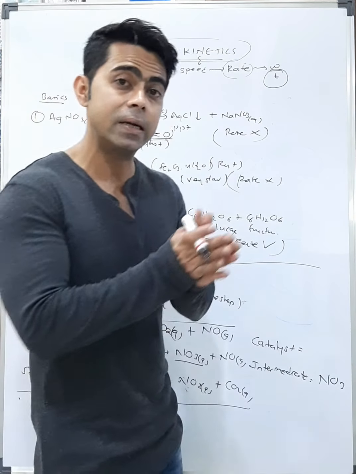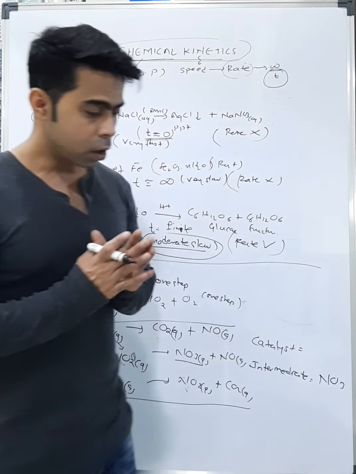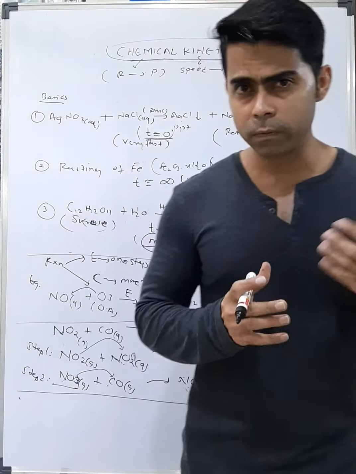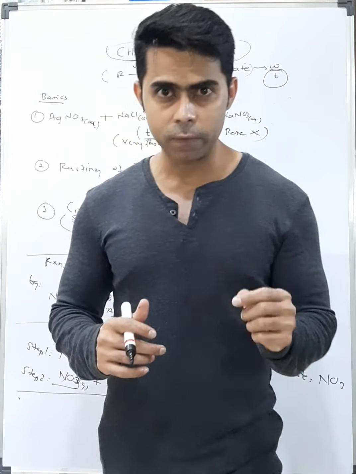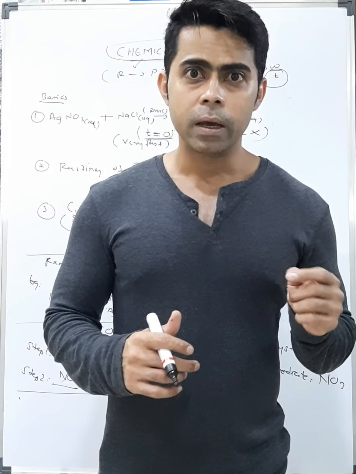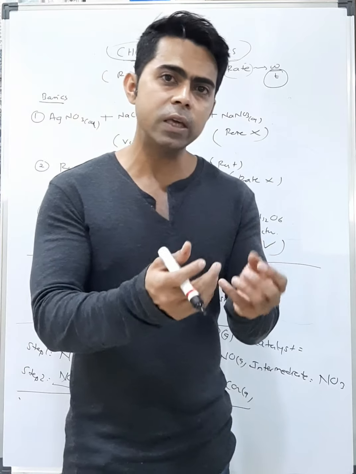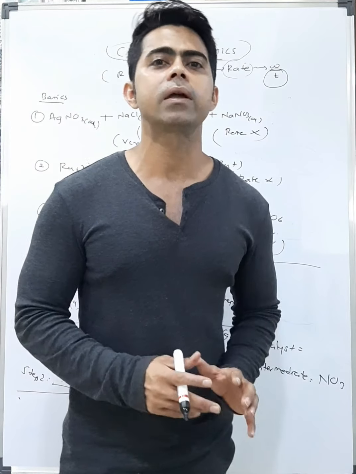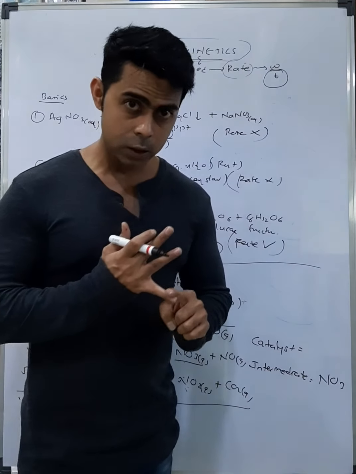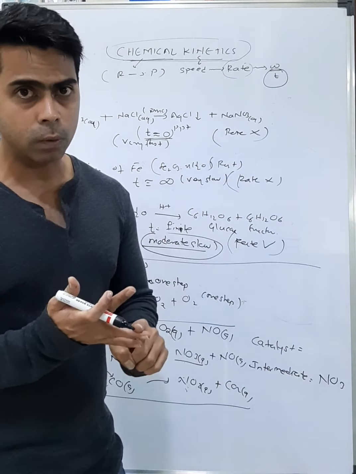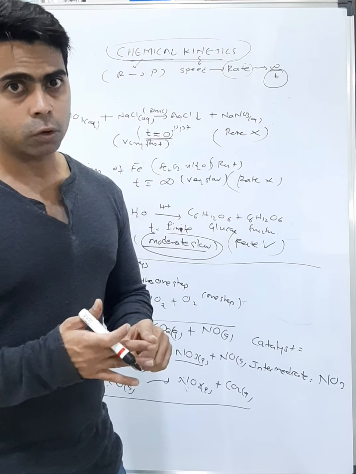That means it will participate in the reaction but cannot be consumed. Second, sometimes some reactions are auto-catalyzed, meaning one of the reactants in the reaction itself acts as a catalyst and helps the reaction proceed. It will act as a catalyst as well as a reactant. So the first point to remember is that a catalyst will participate, will never get consumed, and you will get it back at the end. Plus, there are some reactions which are self-catalyzed.